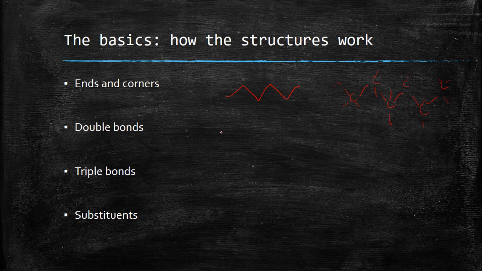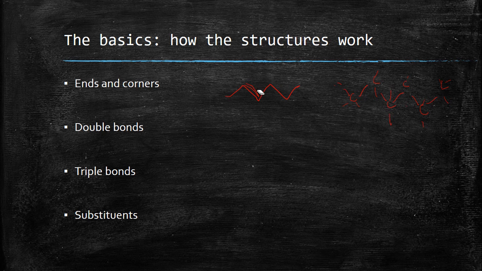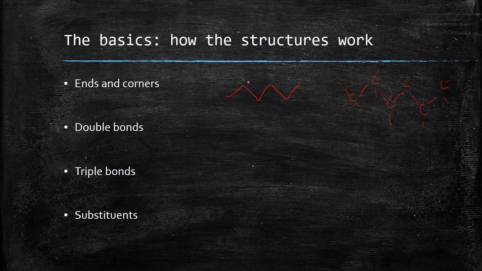So, next we've got double bonds. Double bonds are depicted by adding an extra line, for example. So basically double bonds are depicted by adding another line. If we take a look at this carbon, it's bonded to 2 other carbons.